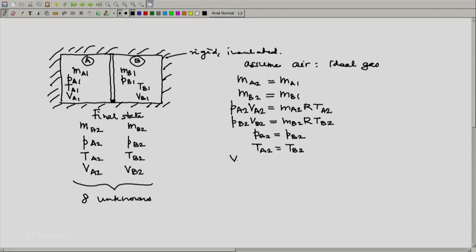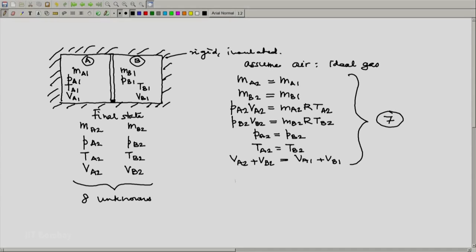So we will have VA2 plus VB2 equals VA1 plus VB1. So these are 7 equations. We need one more, and that will be the first law of thermodynamics.